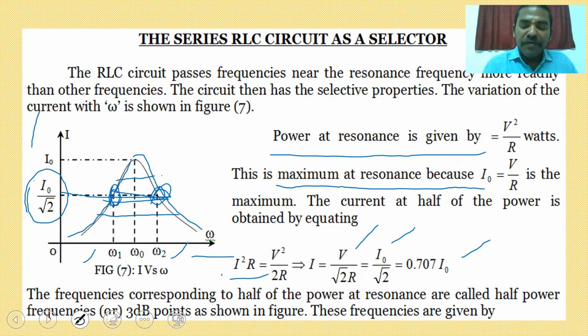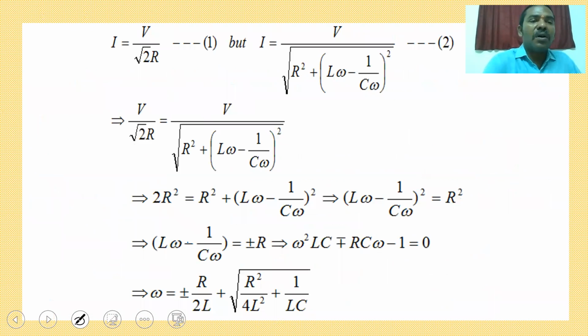For finding these values, I is equal to V by root 2 into R, and for an RLC circuit, I is equal to V divided by root of R square plus L omega minus 1 by C omega whole square. Now we are equating the RHS of equation 1 and equation 2.